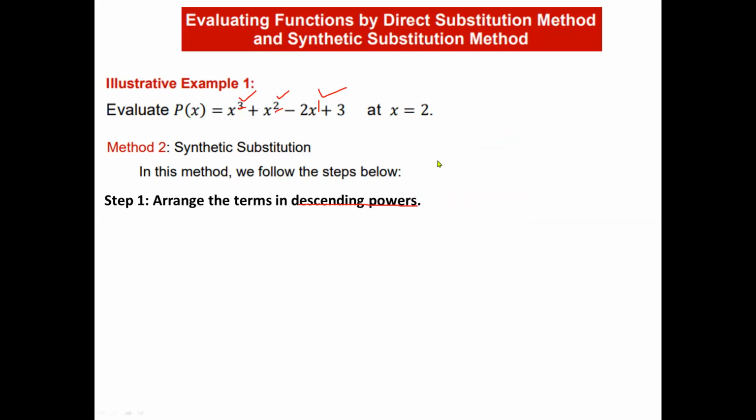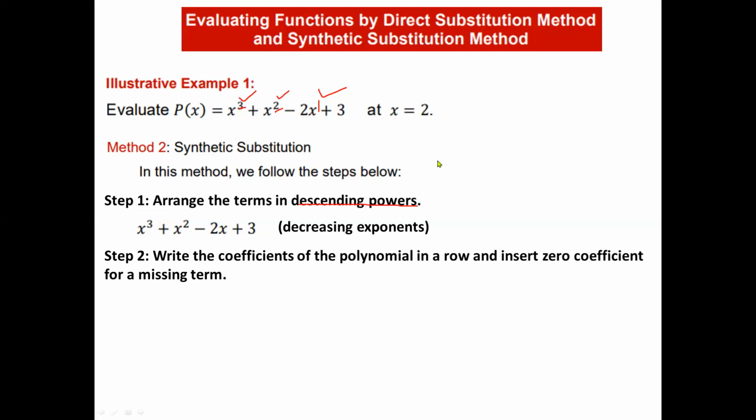Mamaya, pakikitaan kita ng marami pang halimbawa. So, x cubed plus x squared minus 2x plus 3, naka-arrange na sila. And in fact, wala pang laktaw. At kung may laktaw man, magdadagdag tayo. So, naka-decreasing yung mga exponents natin. As we can see, 3, 2, and 1. And then yung last term is actually a constant na 3.